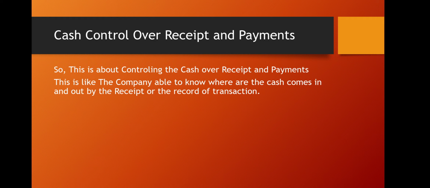That's why cash control over receipt and payment in one bank account would be easier for the company, so the company can see every transaction, every payment that is made, and every sale that the company has done can be easily checked by the amount or the transaction recorded in the company bank data.